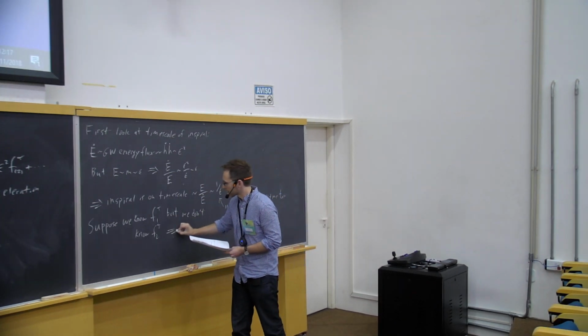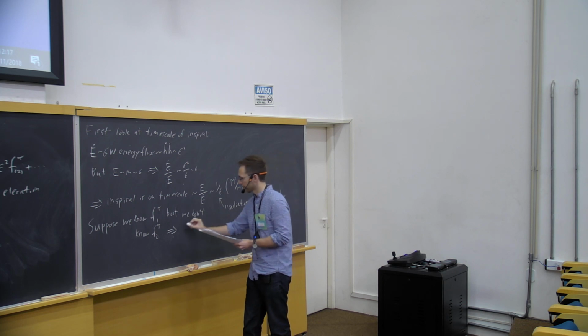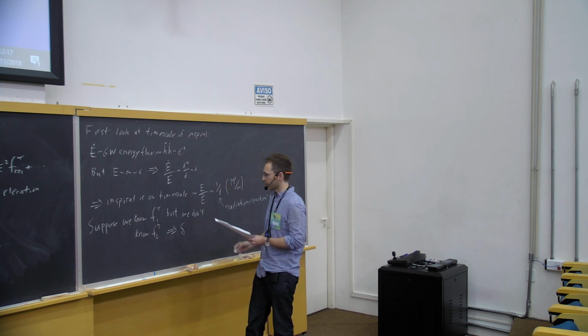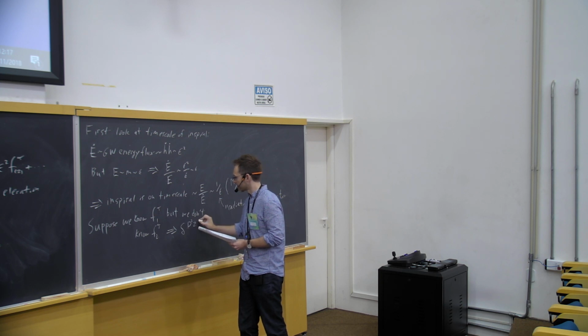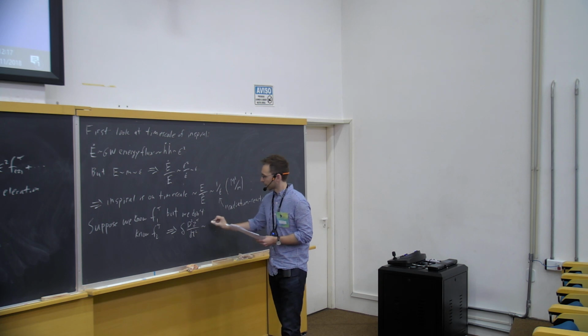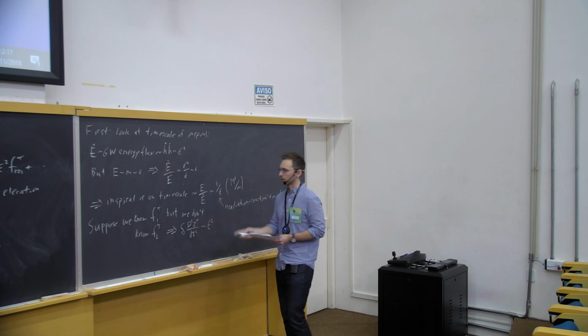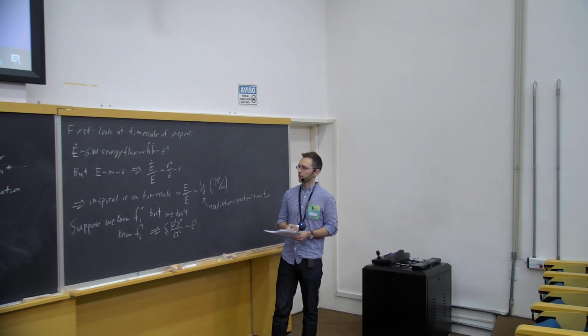Then we have an error in that equation of motion. So let me just write a delta meaning error. That's of order epsilon squared, because we're omitting the second order term.